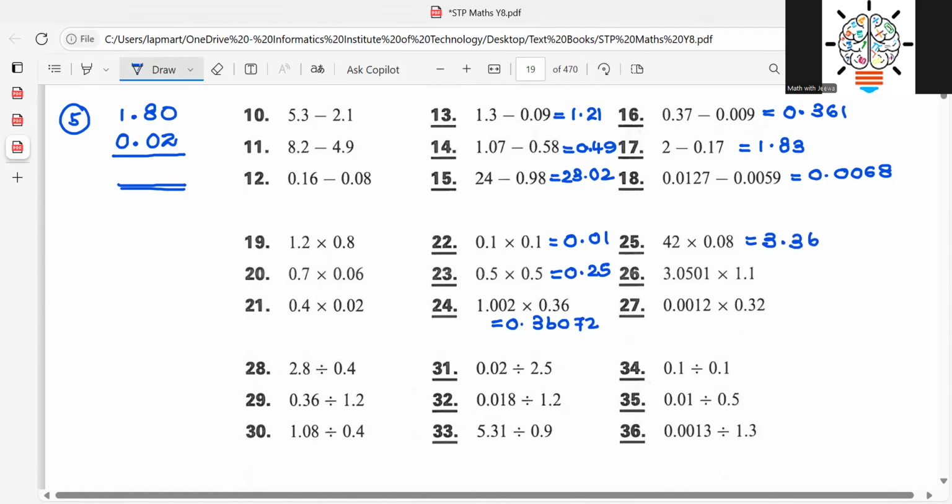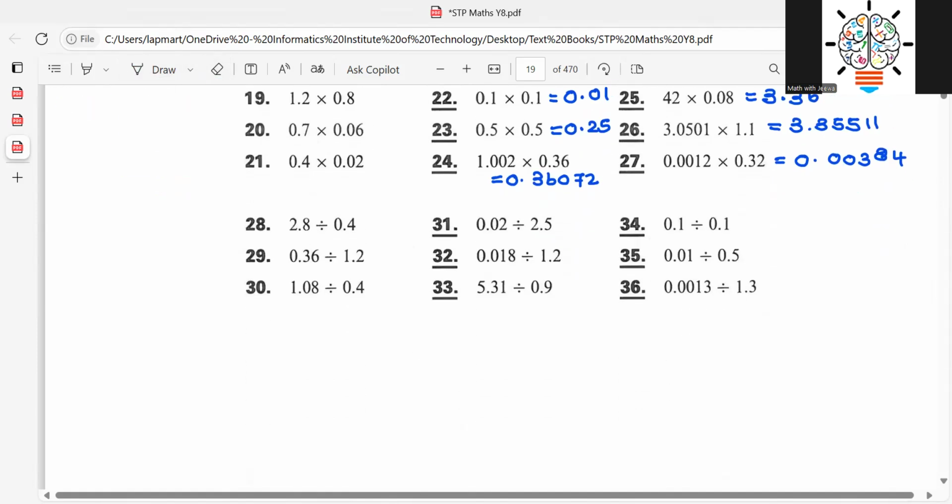Then 3.0501 multiplied by 1.1 gives me the answer 3.35511. Then 0.0012 multiplied by 0.32 is 0.00384. I'll write that 8 nicely.